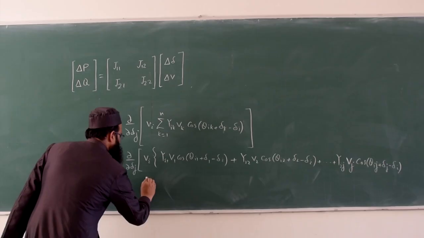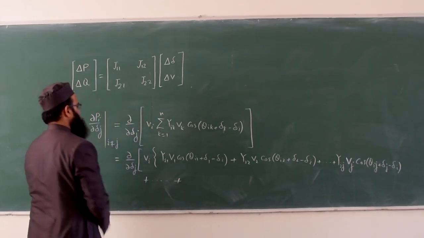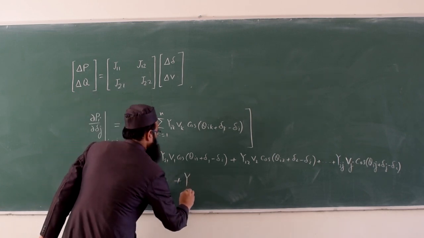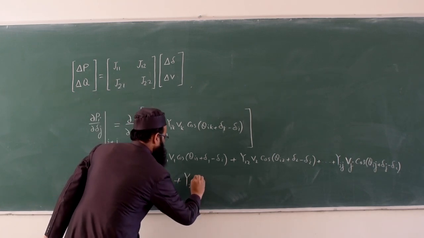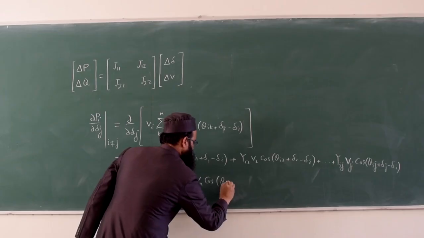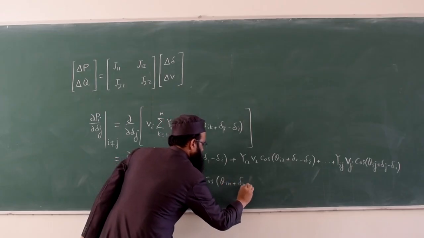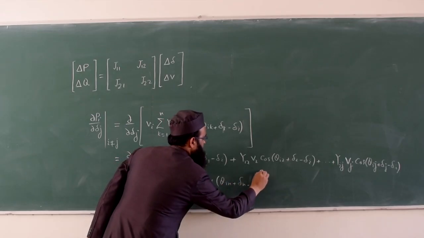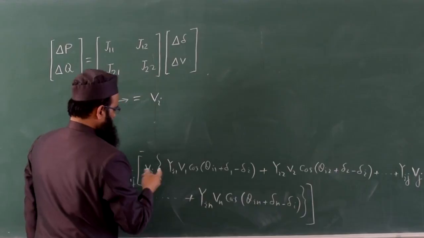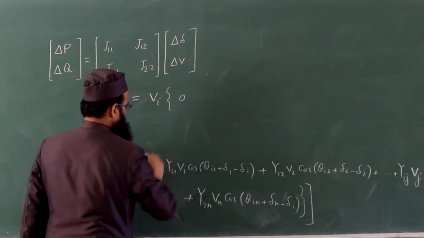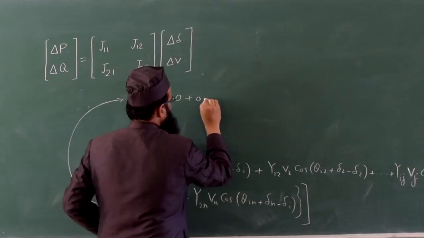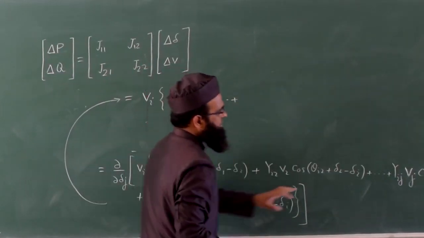Plus the next term, write here the nth term, corresponding to k equal to n: Yin Vn cosine of theta in plus delta n minus delta i. Take Vi, and the first term is 0, independent of delta j, plus 0, plus so on, plus the jth term.